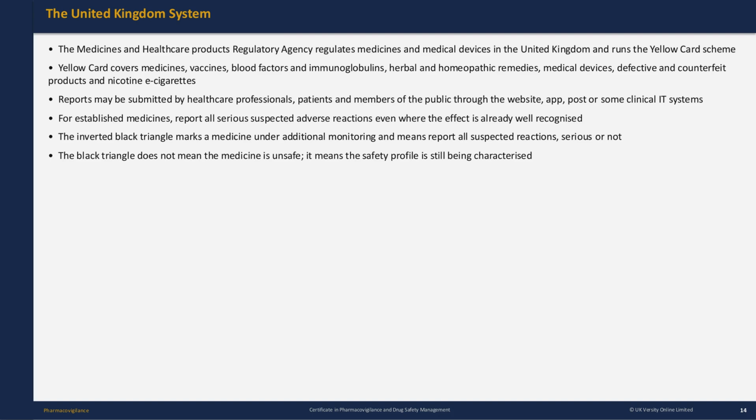Reports may be submitted by healthcare professionals, patients, and members of the public through the website, app, post, or some clinical IT systems. For established medicines, report all serious suspected adverse reactions, even where the effect is already well recognized.